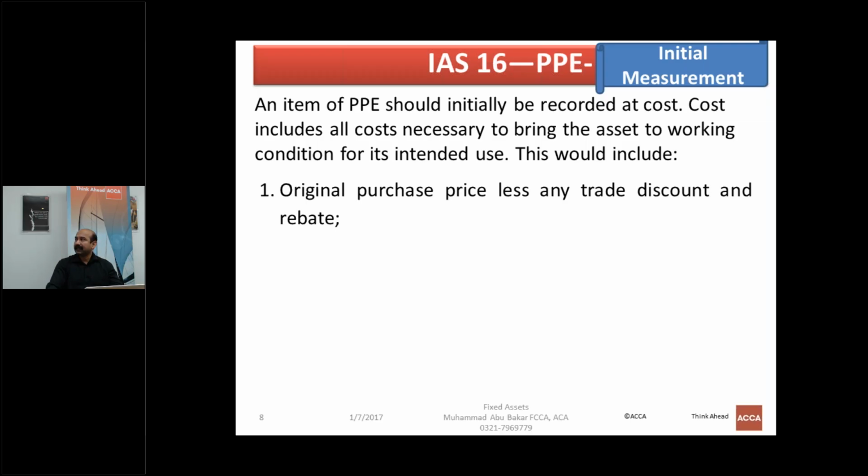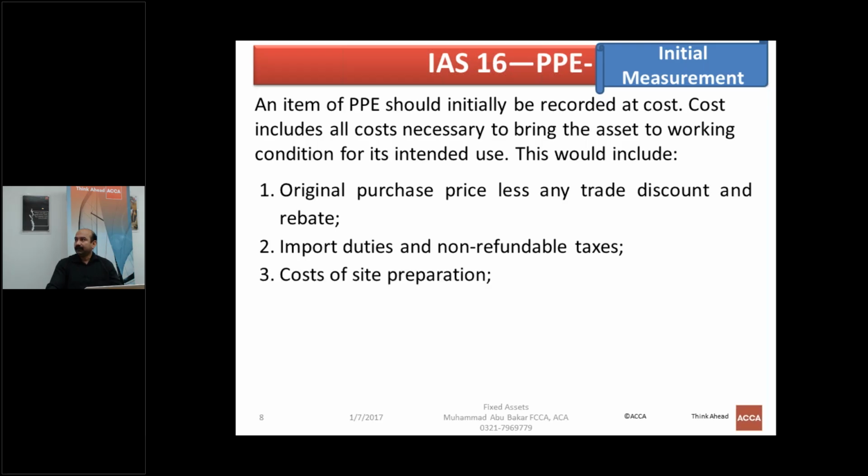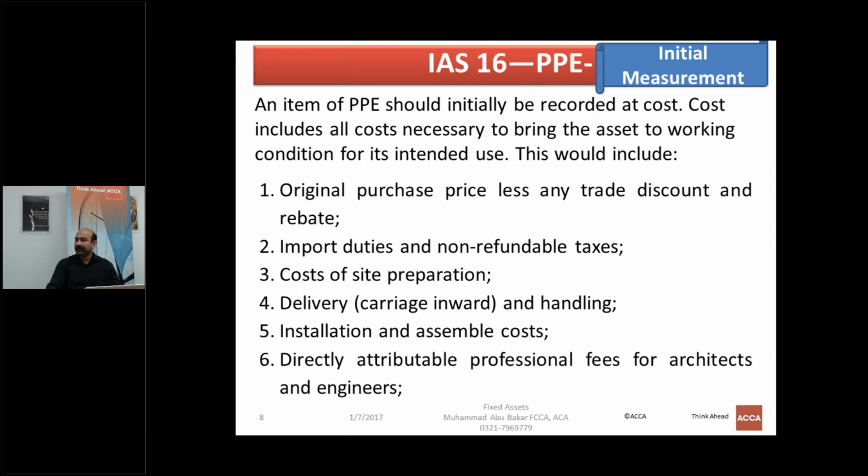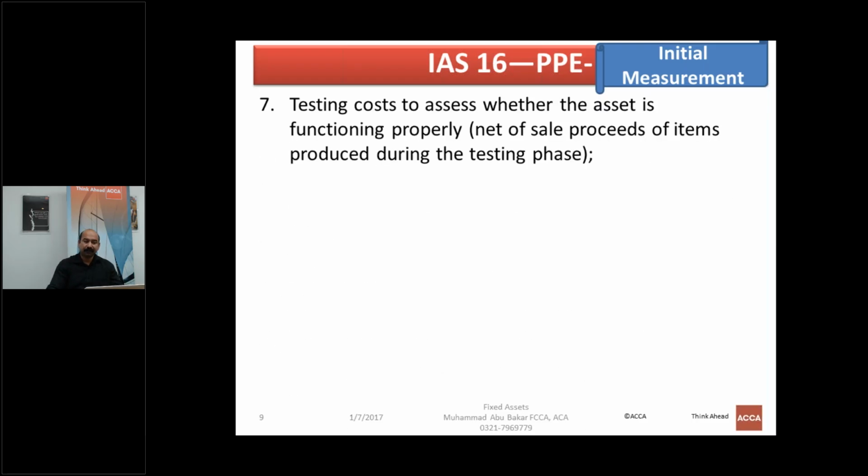Original purchase price less any trade discount and rebate, import duties and non-refundable taxes. There could be taxes which are refundable; those should not be included. Then cost of site preparation, delivery, carriage inward and handling, installation and assembly cost, directly attributable professional fees for architects and engineers, and then testing cost to assess whether the asset is functioning properly, net of sale proceeds of items.